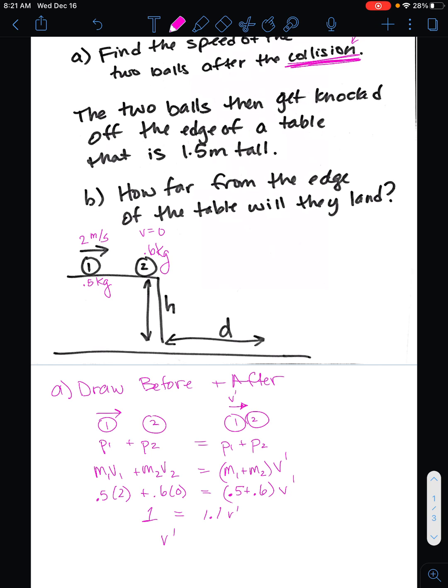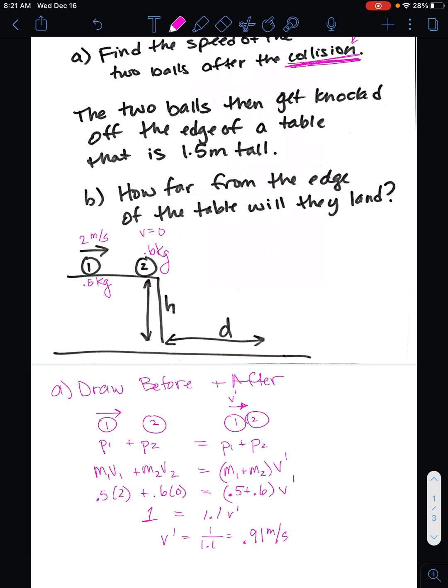And so my final velocity will be 1 divided by 1.1, which I will put into a calculator and get an answer in decimal form of 0.91 meters per second. Okay, so that's my answer for part A.